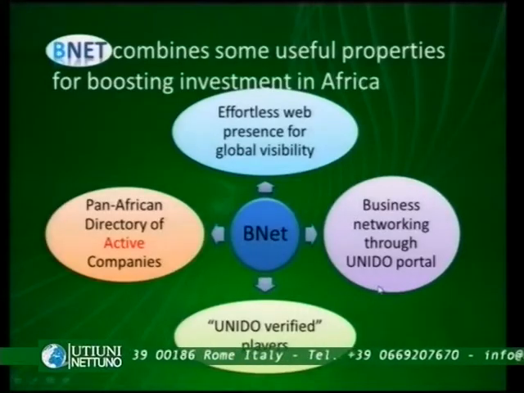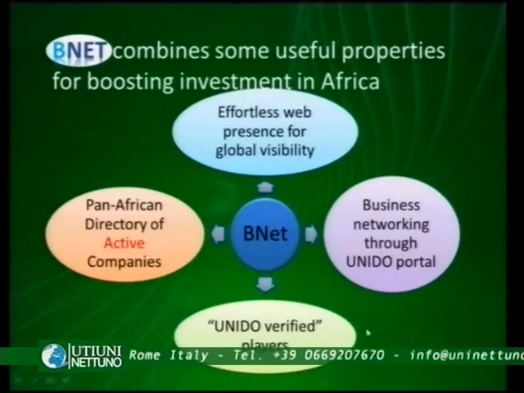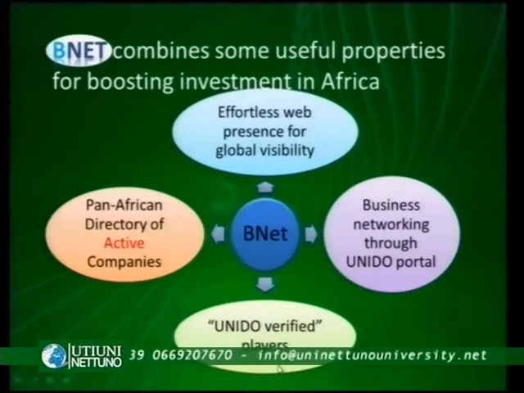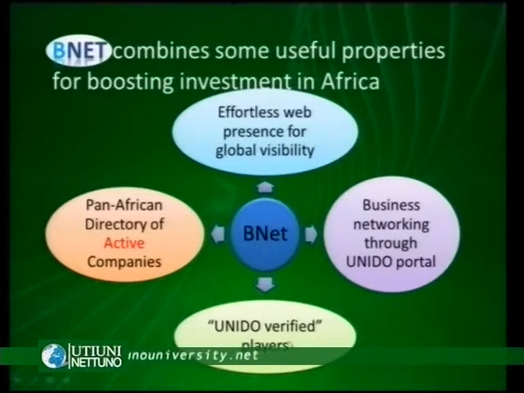They will be able to conduct business networking through the UNIDO portal. They will be identified as UNIDO verified players because they've been surveyed. If they exist on the platform, it's a guarantee that this company exists and that they are producing whatever products they're saying they're producing.